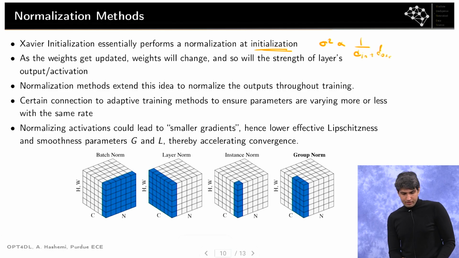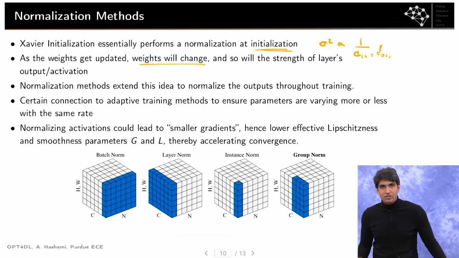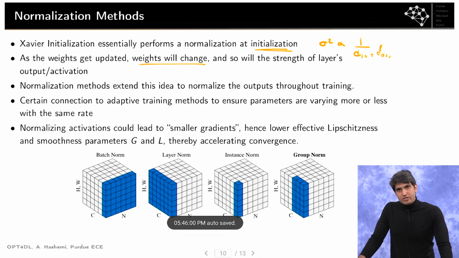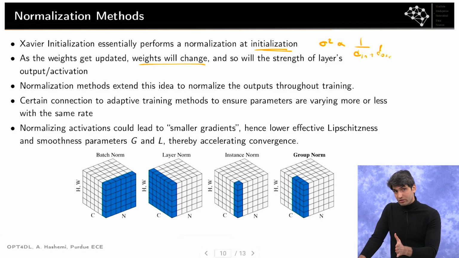However, as we update the weights, we may lose this normalization. The weights will change, and therefore the strengths of each layer are going to change. Therefore, there have been some ideas in the literature to extend what we talked about, the normalization at initialization, to normalization throughout training.